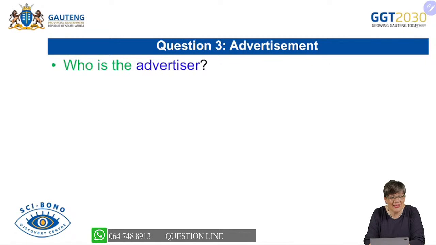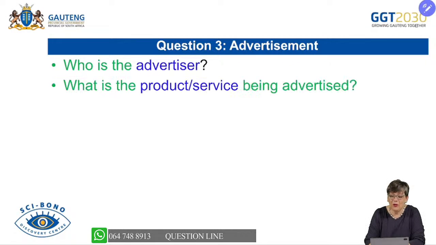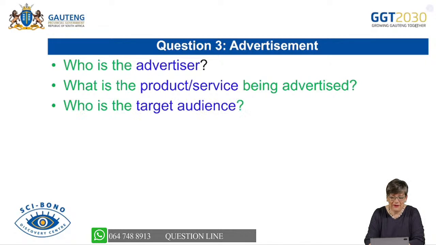Who's the advertiser? Now remember, you have to be quite specific. Second thing you always look at is, what is the product that's being advertised? Now remember, it's not always a product. It can be a service as well. So make sure you figure out that one. Who is going to buy this product?